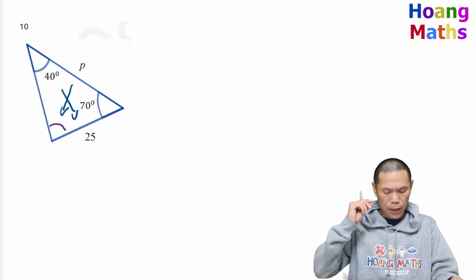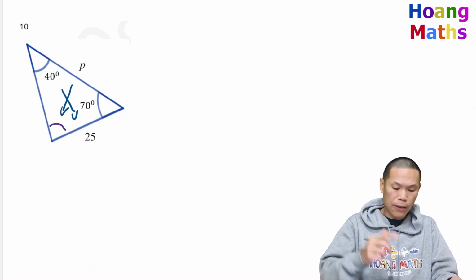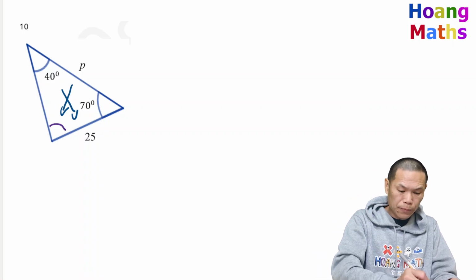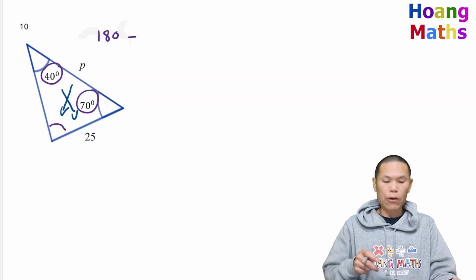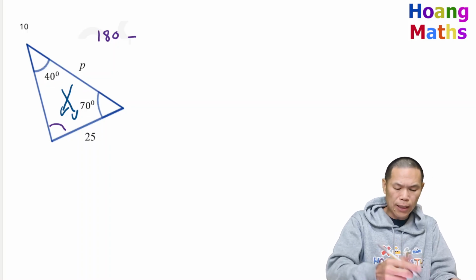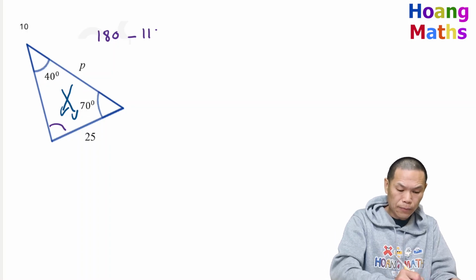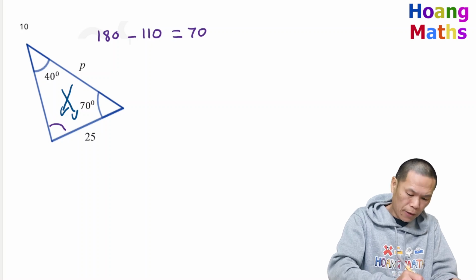So we can find the missing angle by simply 180 degrees minus 40 plus 70, which is 110. So that gives me 70. So this is 70 degrees.